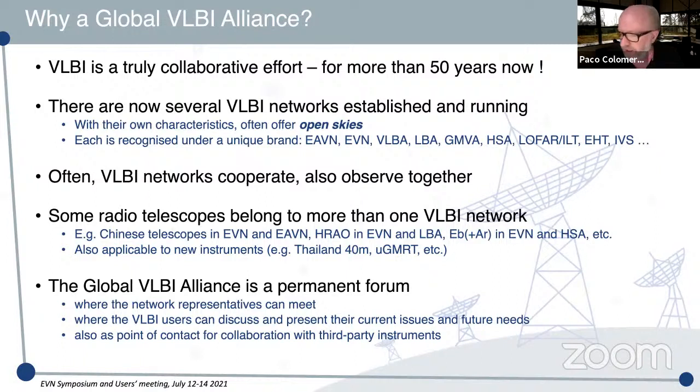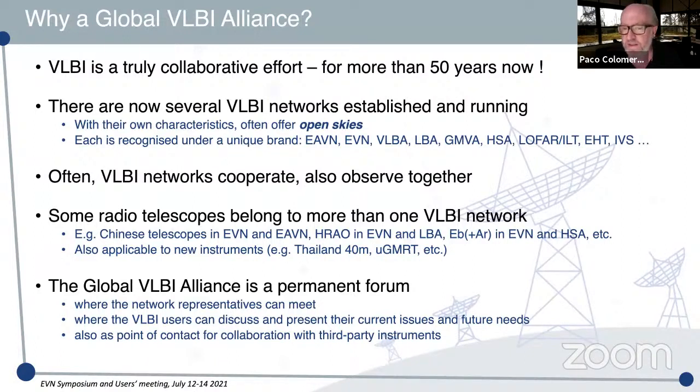We have been finding in recent times that it is often the case that some radio telescopes belong to more than one VLBI network. This is the case, for example, of the Chinese telescopes that are both members of the EVN and of the East Asia VLBI Network. The case of Hartebeesthoek Radio Observatory in South Africa, which is a member of the EVN, but also a member of the Southern Hemisphere Long Baseline Array with Australia.